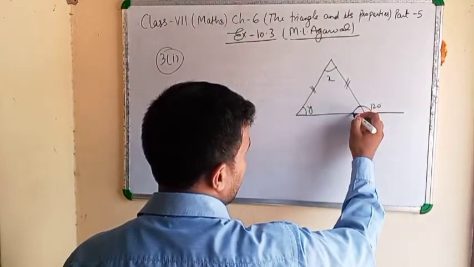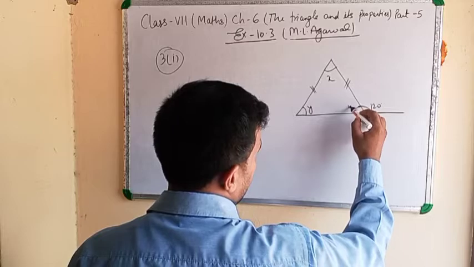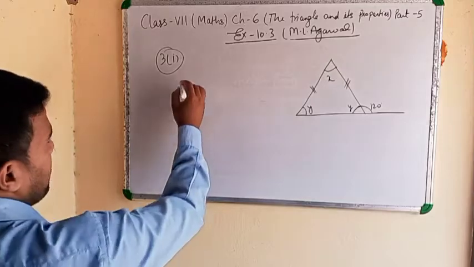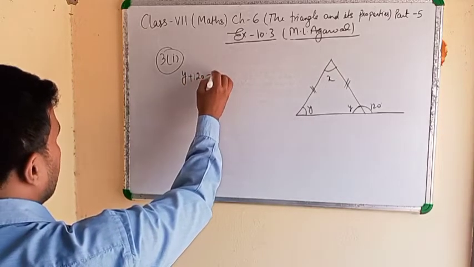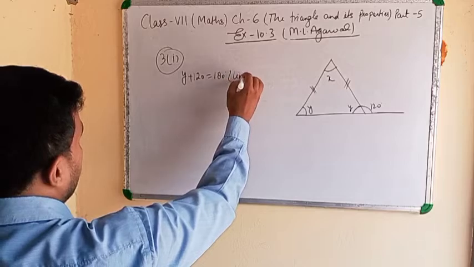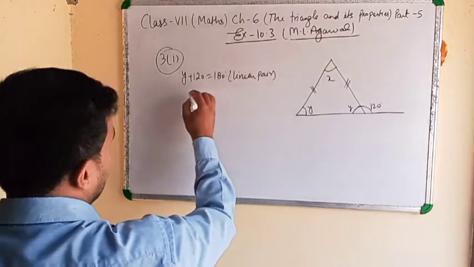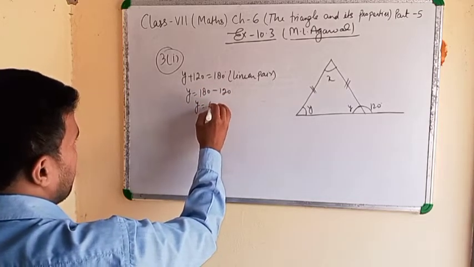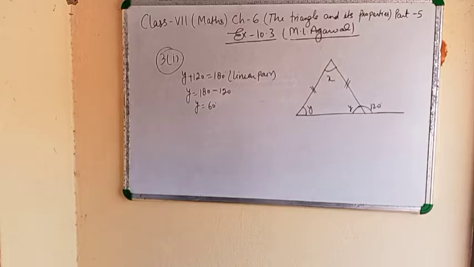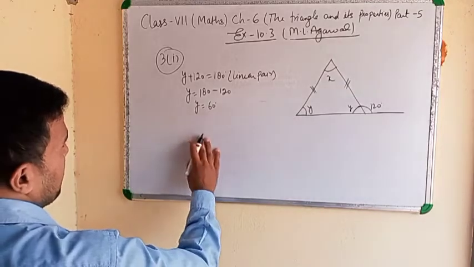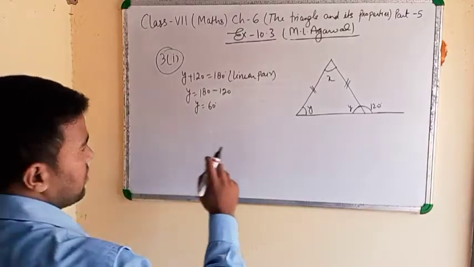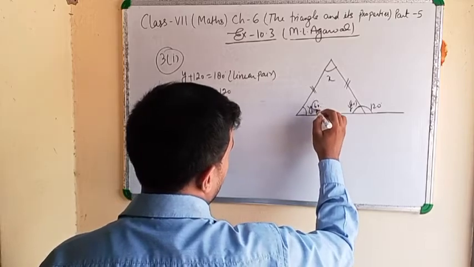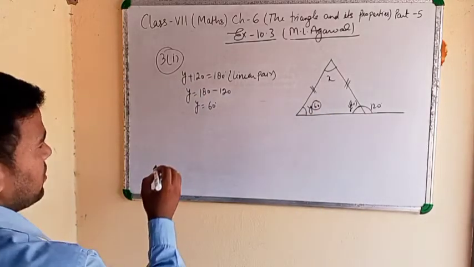Suppose this is y. Then y plus 120 equals 180, by linear pair. Then y equals 180 minus 120, y equals 60 degrees. By the angle sum property we can also find it is 60 degrees. Both angles are equal, so it is 60.